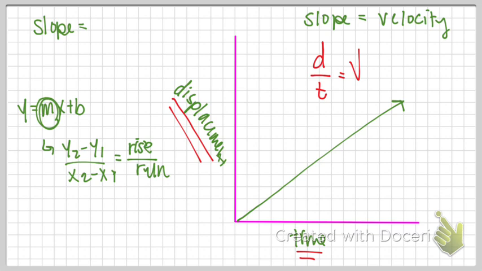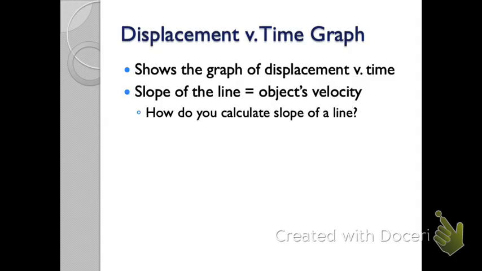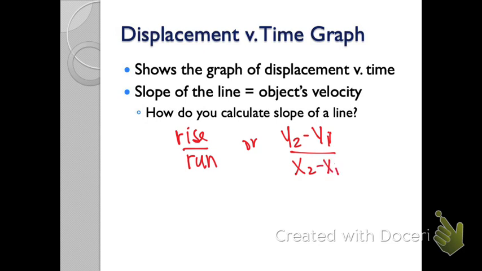Change in the y-axis, which is displacement, over change in the x-axis, which is time. So how do I calculate the slope of a line? We're looking at rise over run, or y2 minus y1 over x2 minus x1. Is that the equation that your math teacher gives you to calculate slope?